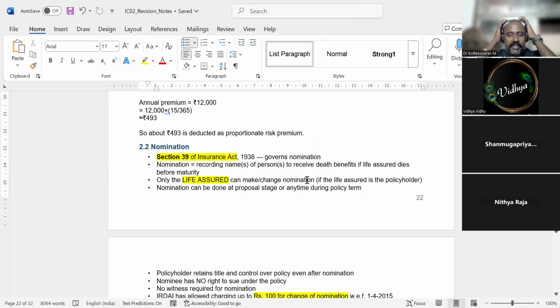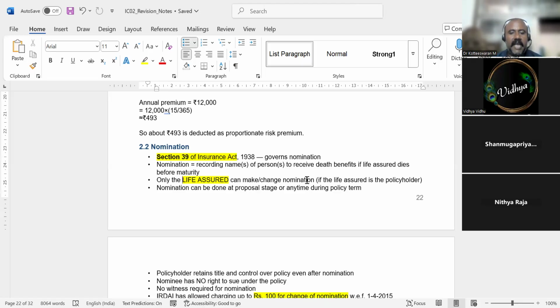Anyone else cannot go and change it. Only the life assured. If my life is insured, only I can change it. A third person cannot come and change it for my life because that would be illegal. Otherwise, after changing the nomination, people would try to kill or assault somebody, so it would become a business.